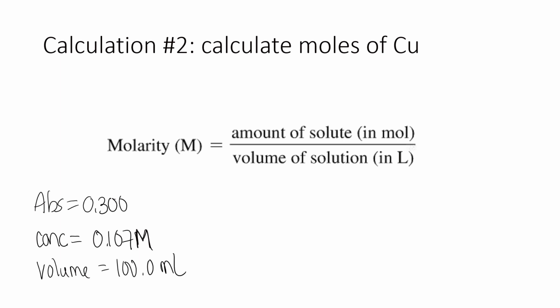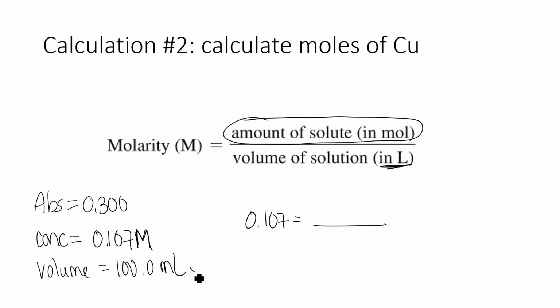I know that because we're the ones that made the solution and we diluted it to exactly that volume. So if we want to find moles, let's take a look at this equation right here, which shows us what molarity is. Molarity is the moles divided by the liters. We know the molarity is 0.107. We know the volume, but we have to convert that into liters. 1 liter is 1,000 milliliters, so 100 milliliters is 0.10 liters.